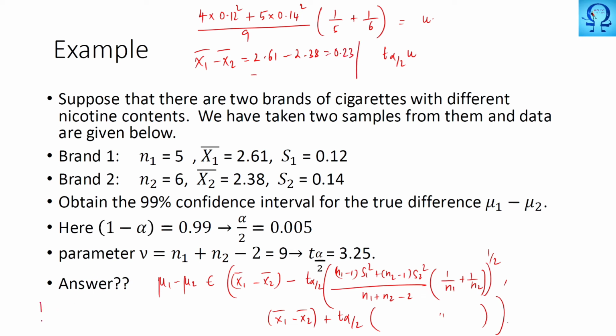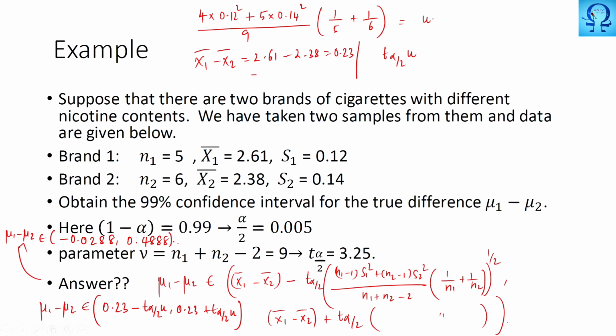So your mu1 minus mu2 would be in 0.23 minus t alpha upon 2 u comma 0.23 plus t alpha upon 2 u. So this is the interval. If you calculate it, you would get mu1 minus mu2 in minus 0.0288 comma 0.4888. So just practice this problem and check this value.